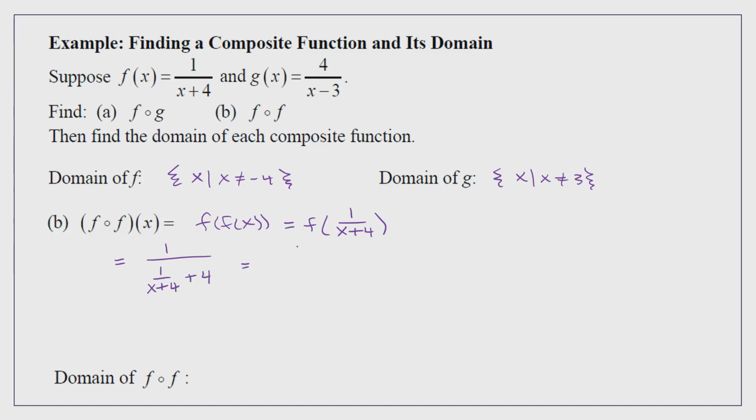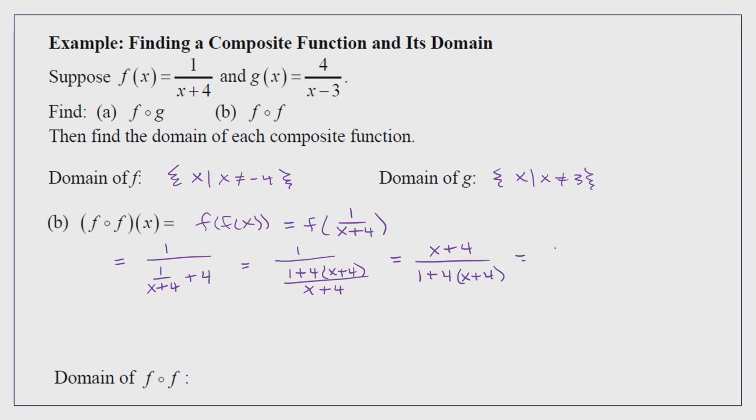Similarly, I want to make common denominators. So 1 plus 4 times x plus 4, which will allow me to put everything over x plus 4. This is a complex fraction, which is equivalent to x plus 4 divided by 1 plus 4 times x plus 4.